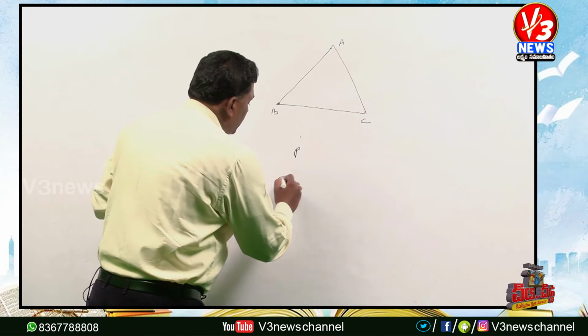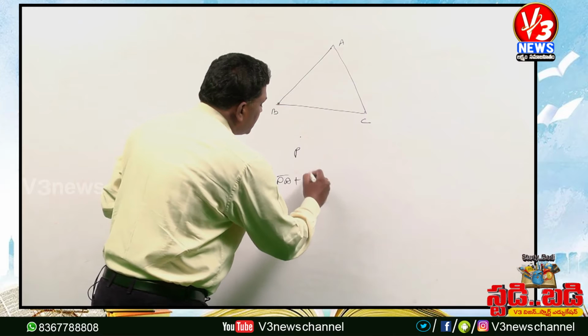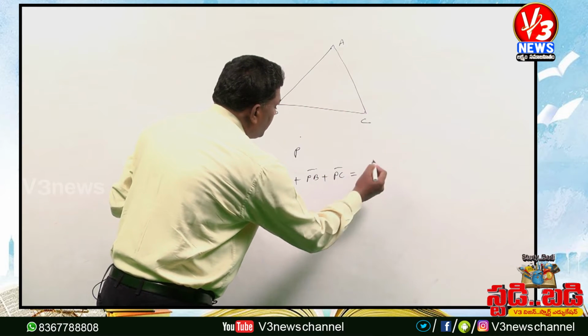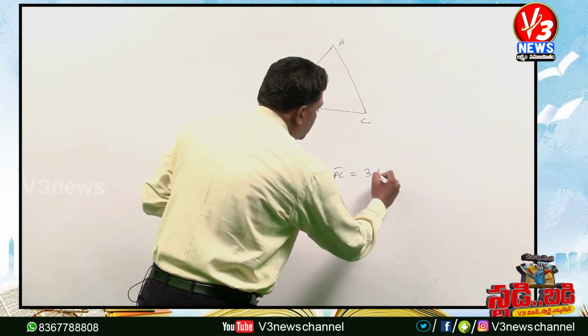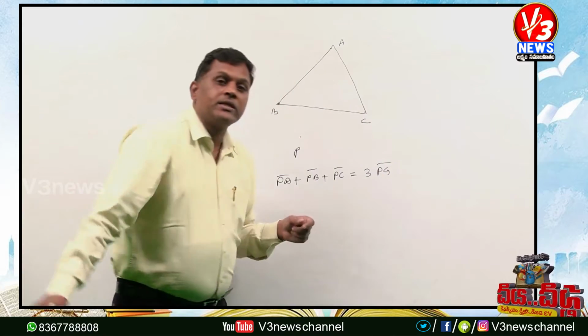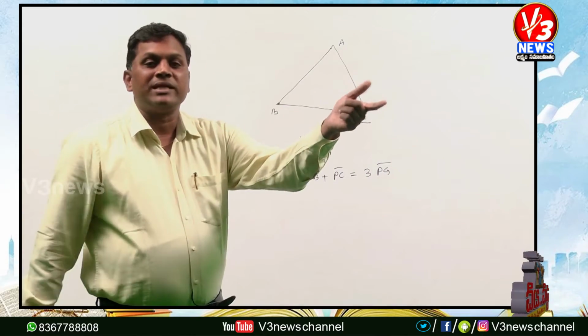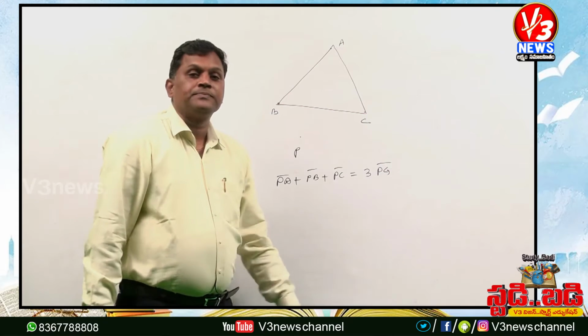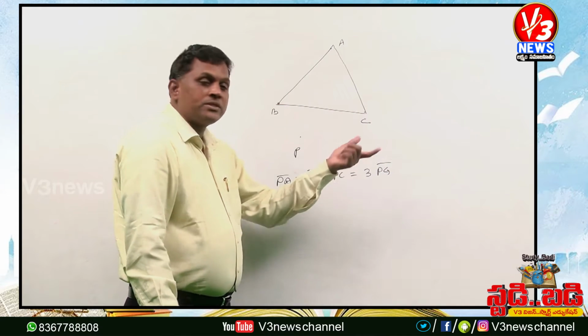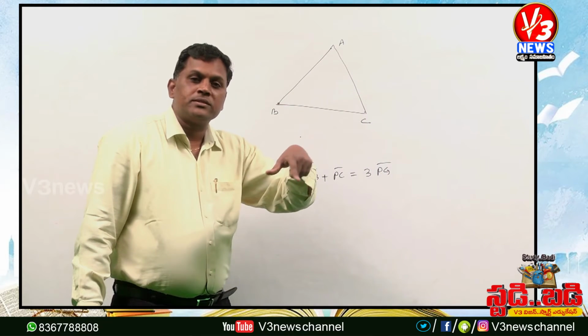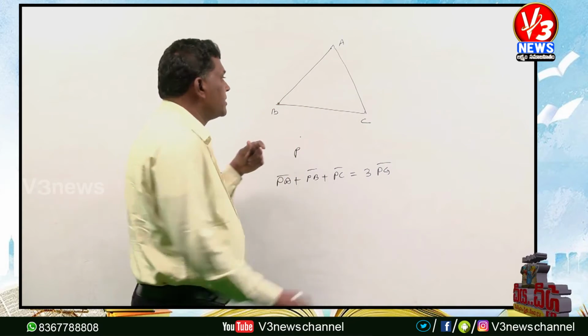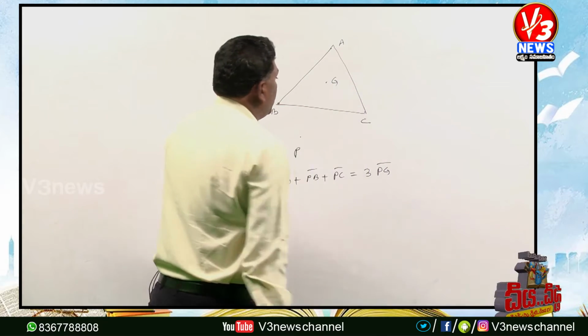Then we have a standard important result: PA bar plus PB bar plus PC bar equals thrice the vector joining P with the centroid of this triangle. The centroid, we know its position, the point of concurrence of the medians is called the centroid. Somewhere here we have the centroid.